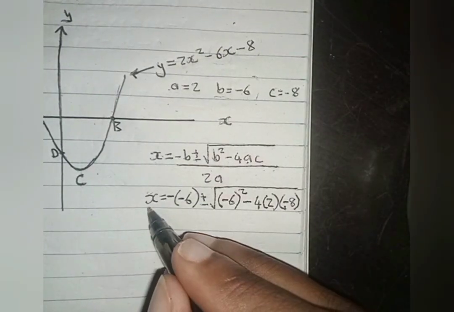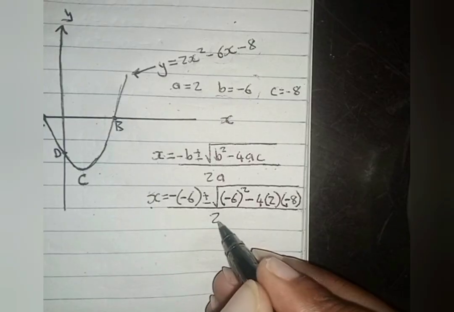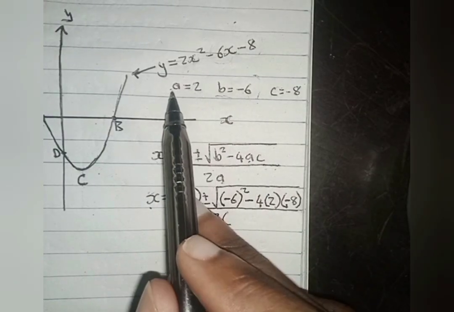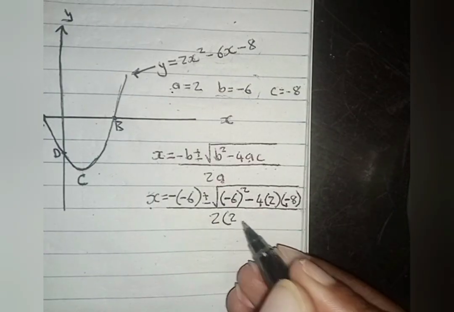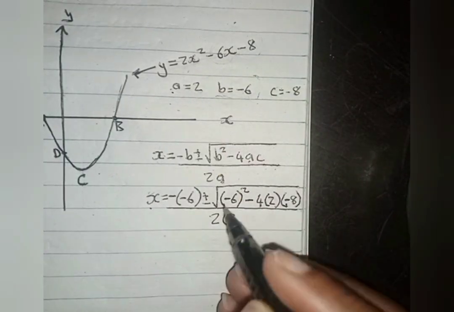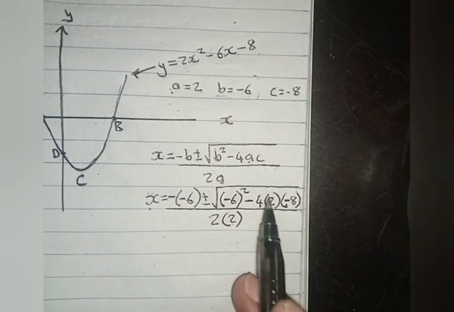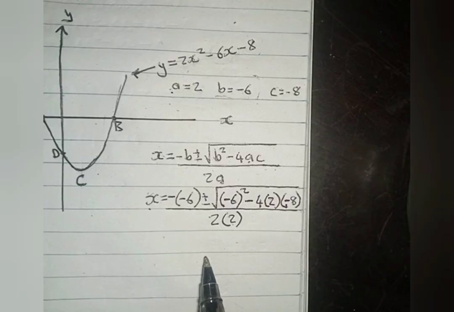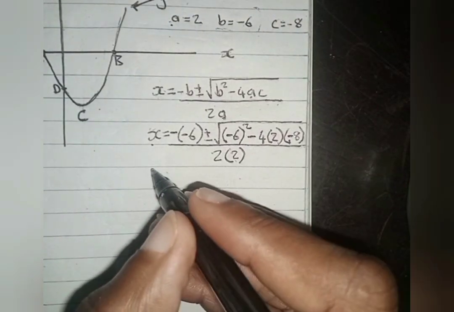Then everything over 2a. Our a is +2, right? So we put the 2 like that. Now we just have to simplify this so that we can find the two values of x. So let us simplify.